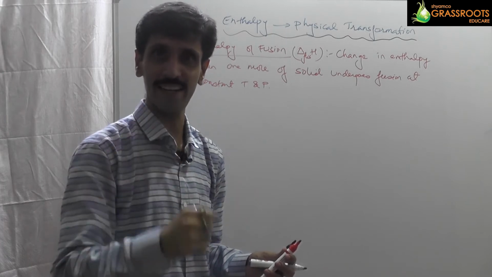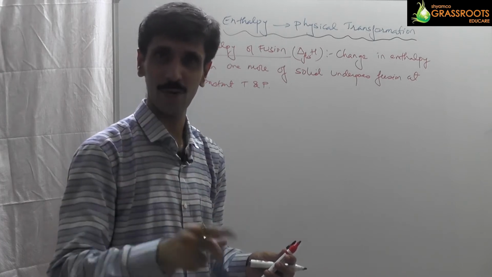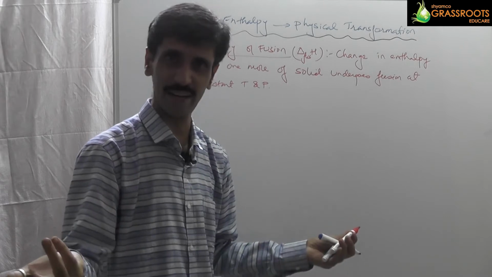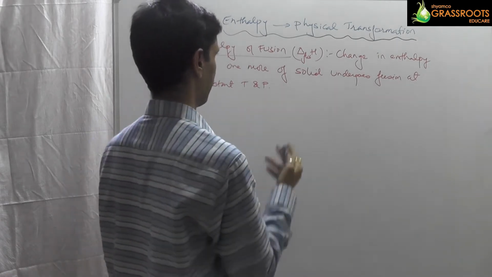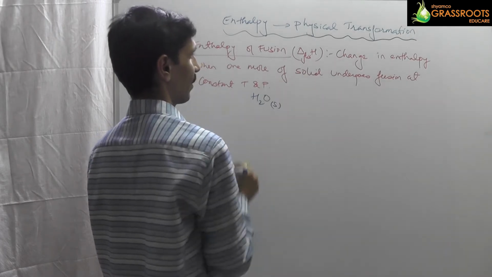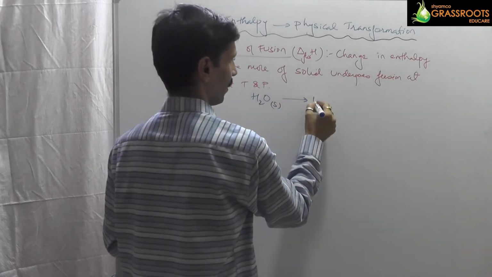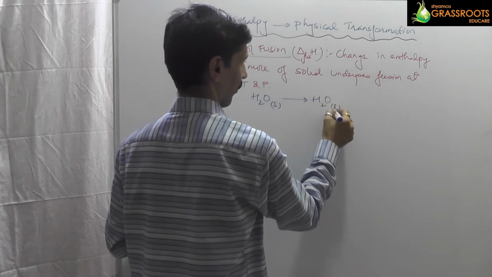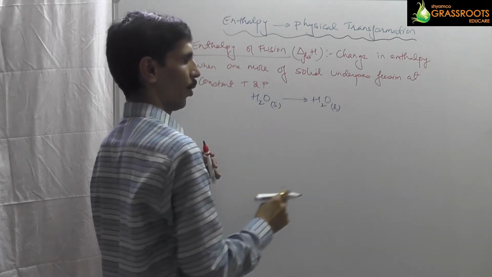Ice means it is solid, water means it is liquid, water vapor means it is gas. So to start off with, H2O solid, because it is fusion, gets converted into H2O liquid. That means ice is getting converted into water.